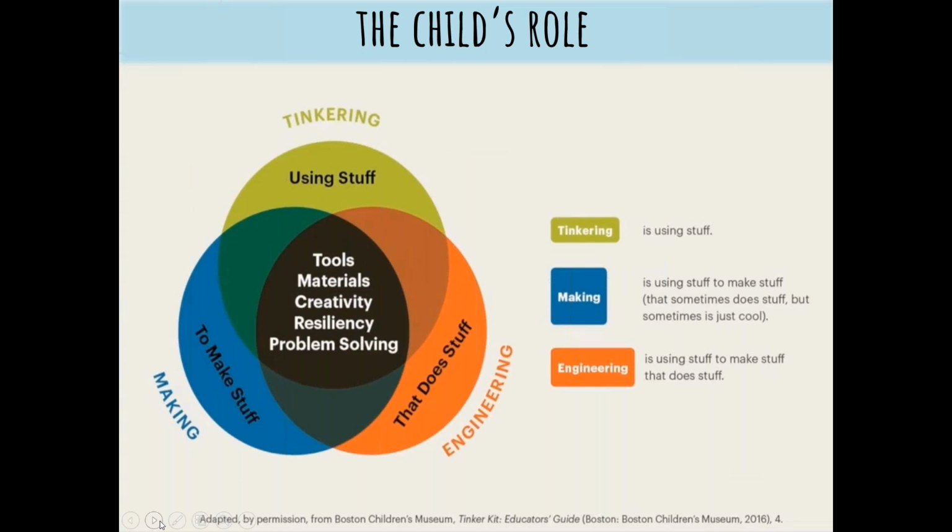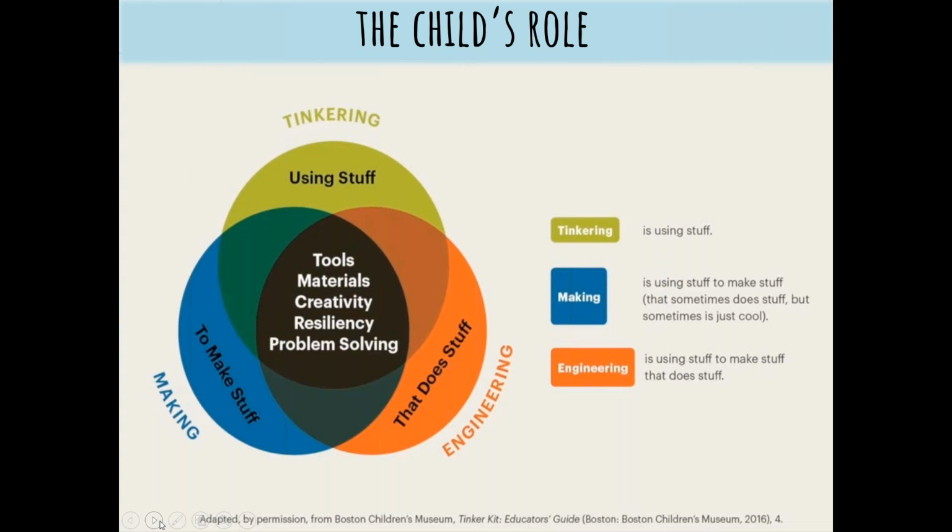So what is the child's role? Well, it involves tinkering, which is using stuff. It's open-ended, there's exploration of tools and materials, and it combines play and inquiry. There's making, which is using stuff to make stuff that sometimes does stuff, but sometimes it's just really cool.